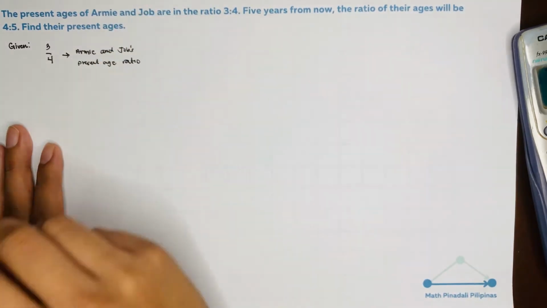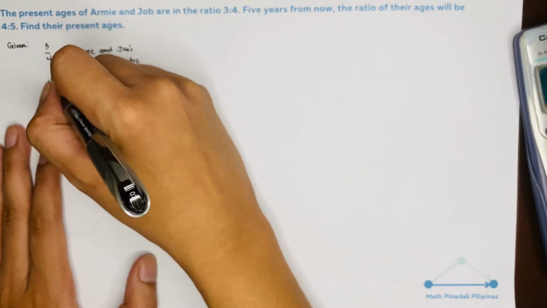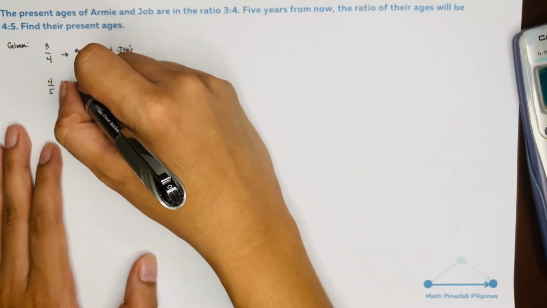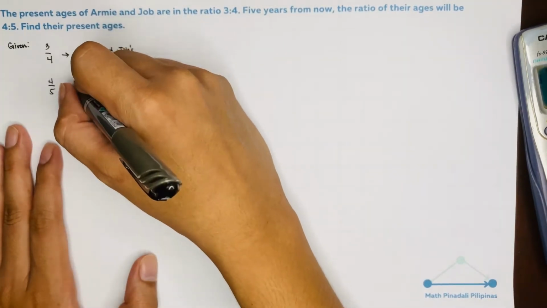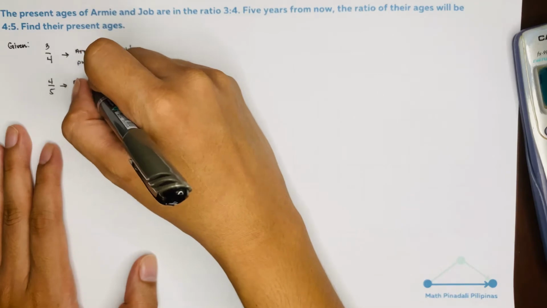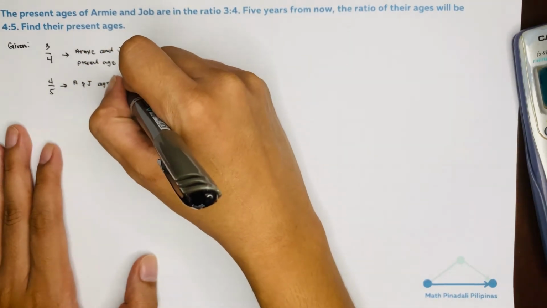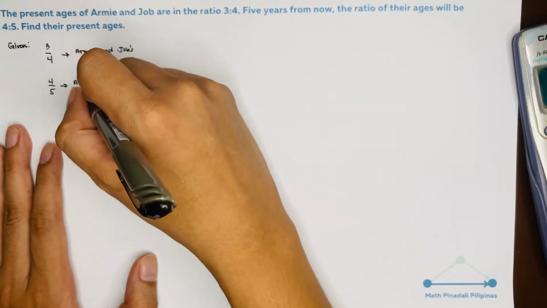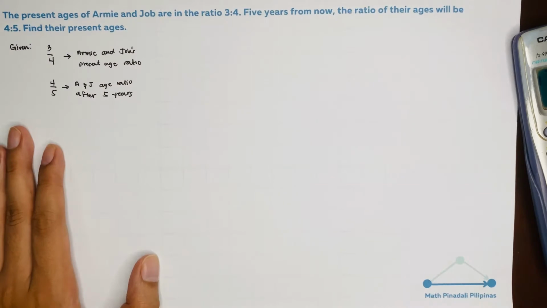Then 5 years from now, their ages will be at the ratio of 4:5. Let's note Armie, let's say A and J, age ratio after 5 years. Okay?